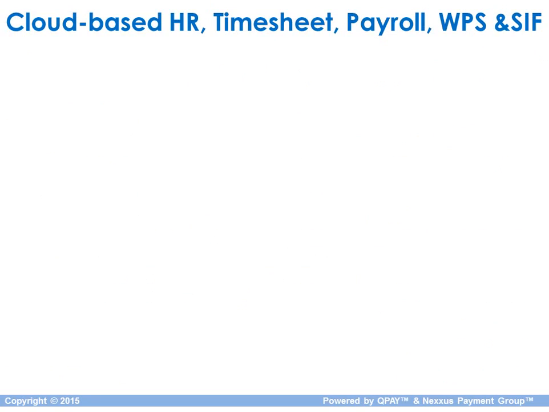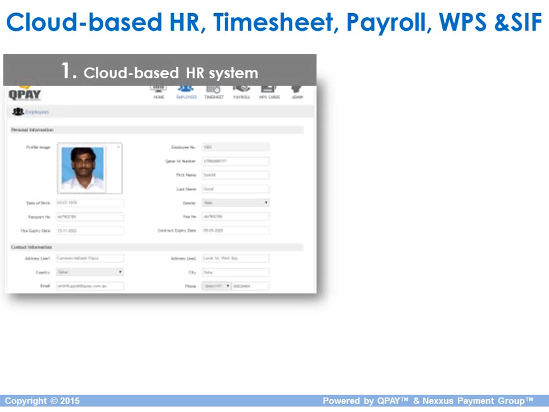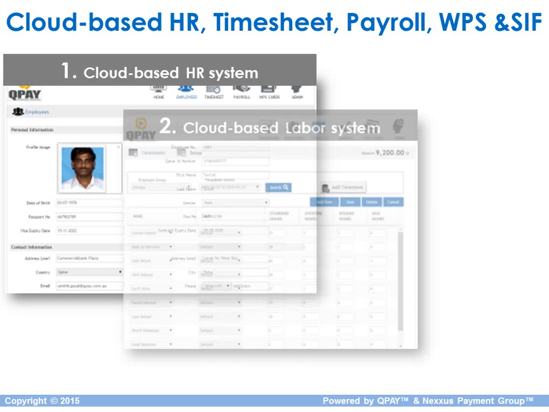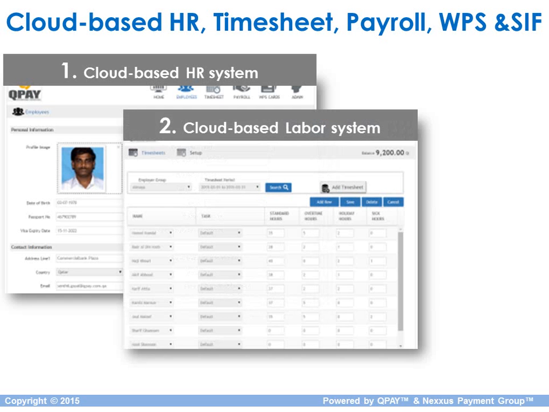Using the WPS.qa, you get a cloud-based, secure human resource system, including with a timesheet, payroll, WPS, and SIF. So you can log in securely online, and you can track all your employee information, employee pictures, first names, last names, passports, Qatar IDs, and it's all secured and it's all tracked on the cloud. 2, you also get a cloud-based labor management and timesheet system.